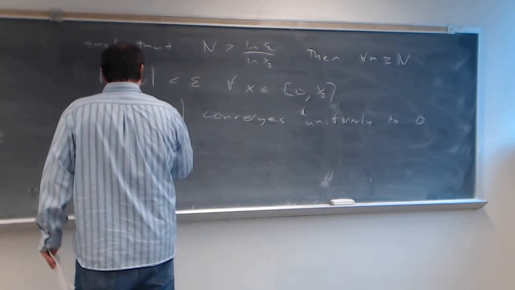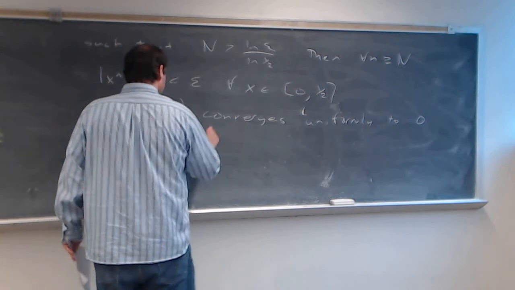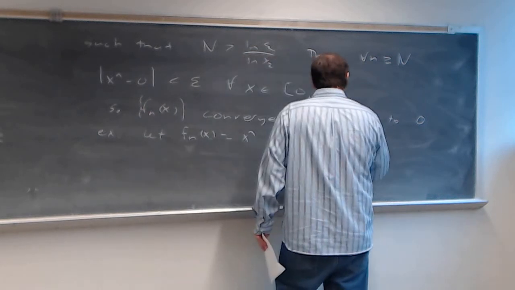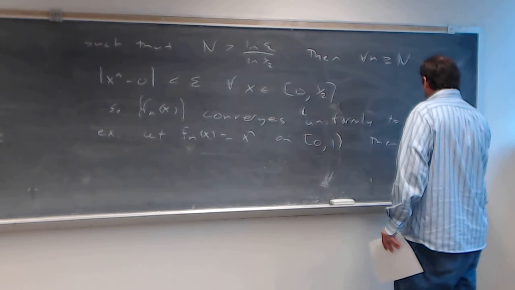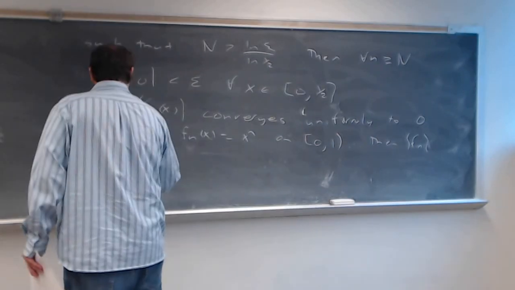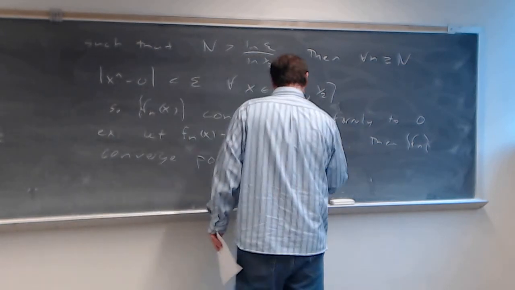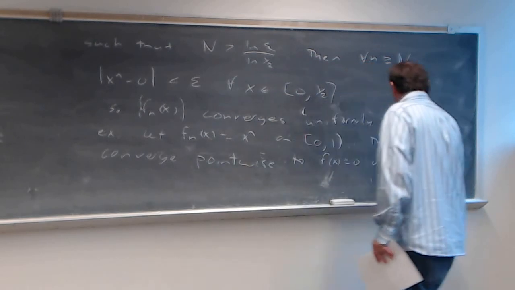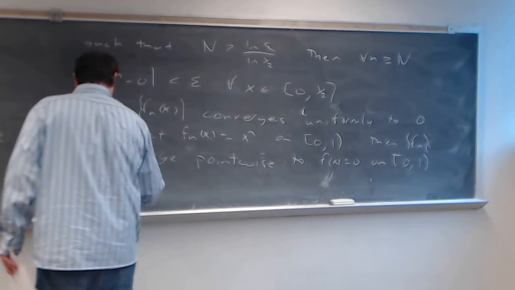And here's what I'll say. Same type of situation. Let f sub n of x be equal to x to the n on, let's say, 0 to 1 open. Then f sub n converges pointwise to f of x equal to 0 on 0 to 1 open on the right, but not uniformly.